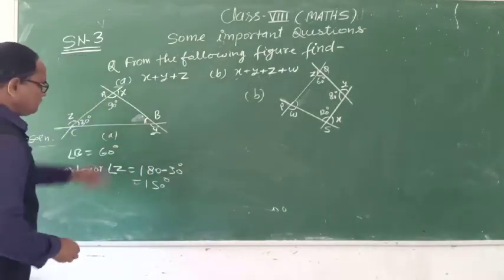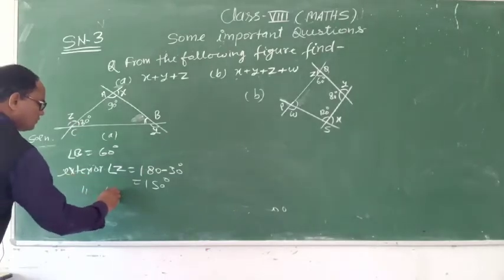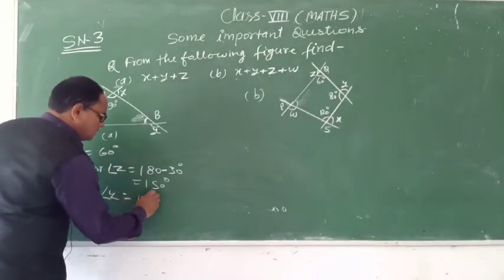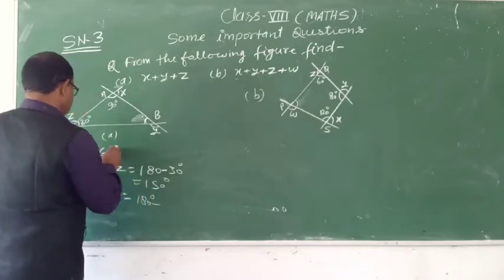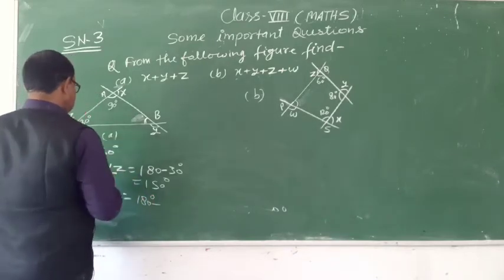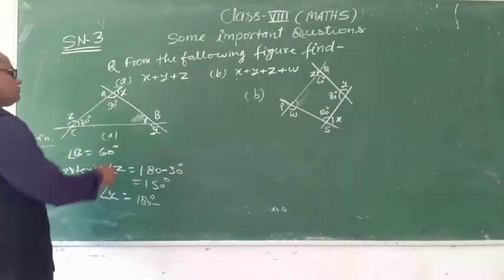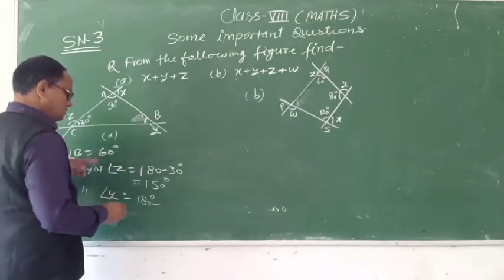After this, the exterior angle of Y is equal to 180 degrees minus 60 degrees, where angle B is equal to 60 degrees.